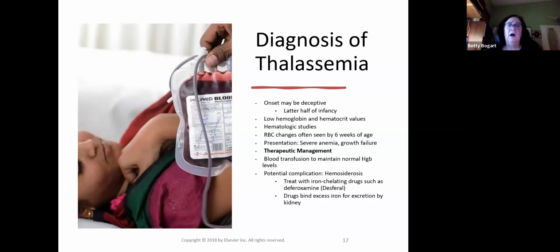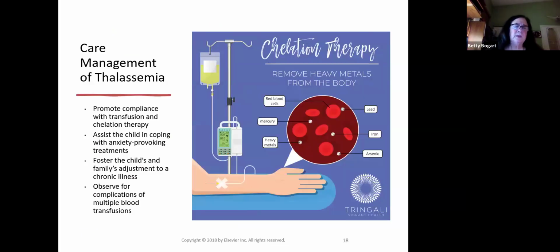There's also apheresis. It's like a dialysis, but the neat thing about apheresis is it only pulls out the component that you want to come out. I just want platelets. I just want iron. And that might be done too, depending on severity.